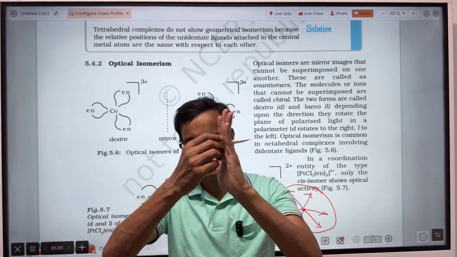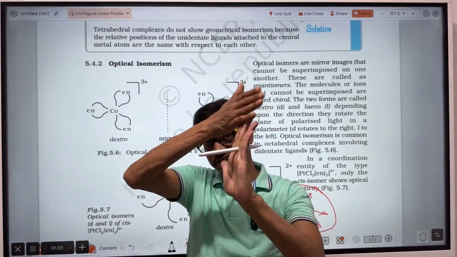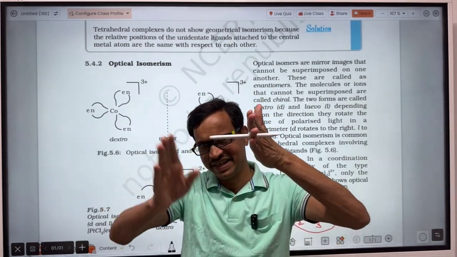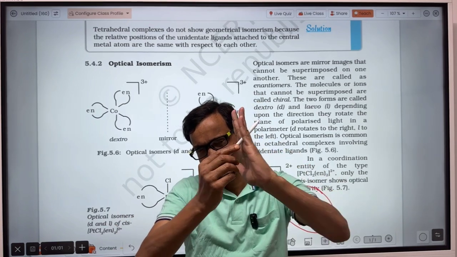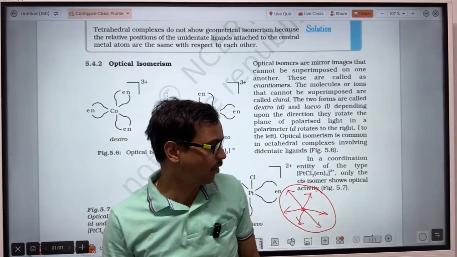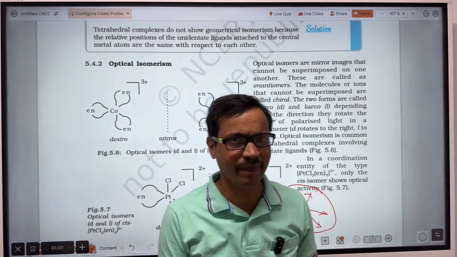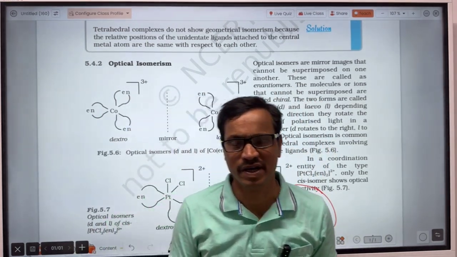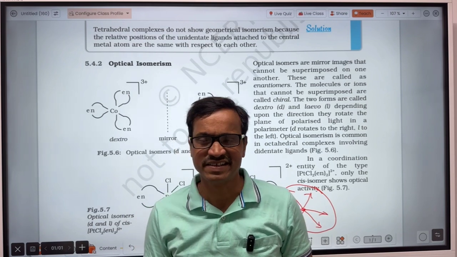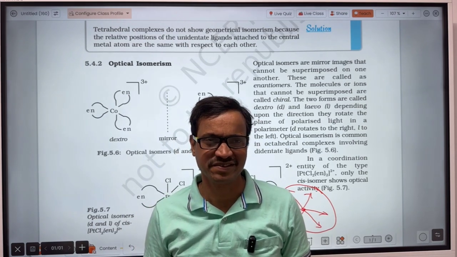Like this plane here, constituent particles will vibrate in this plane also. So in ordinary light, the constituent particles oscillate in all the planes perpendicular to the direction of propagation of light.